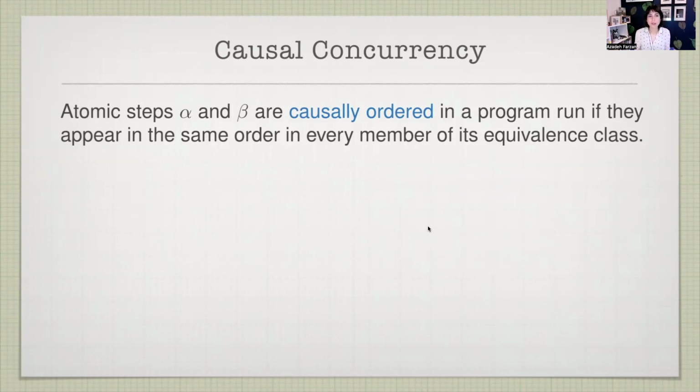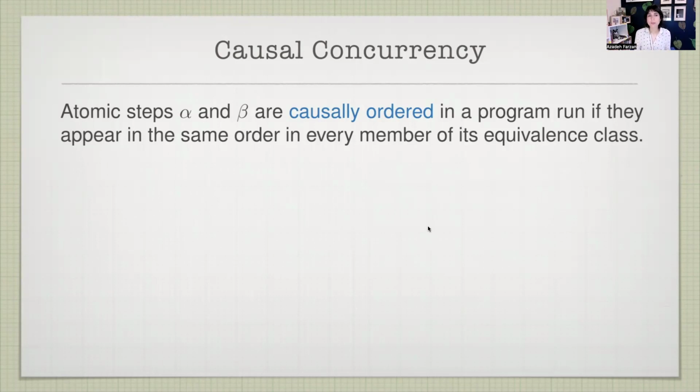So we say that two atomic steps observed in a program run are causally ordered if they appear in the same order in every member of the equivalence class of the run. In some sense, we are saying that it matters that they should be in the same order. And if I change the order, I may be stepping outside a set of equivalent behaviors.